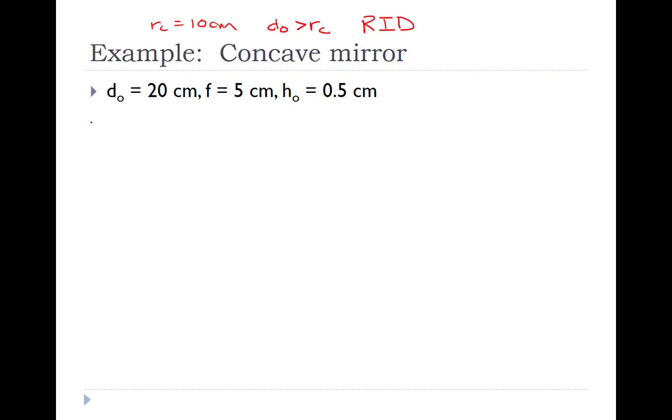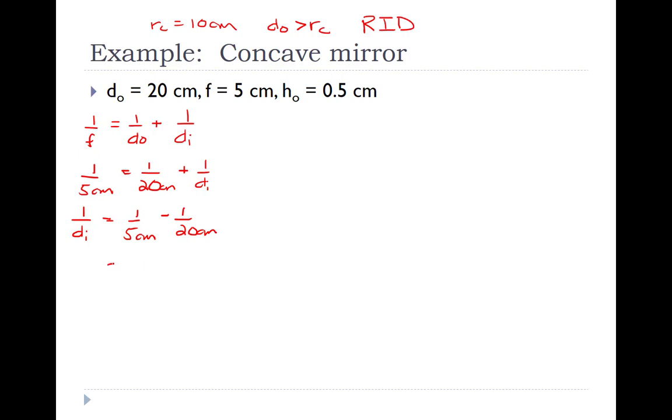We're going to proceed through the math exactly as we did on the last slide. So first we're going to find the image distance using the formula that relates the focal length, the object distance, and the image distance. So 1 over 5 centimeters equals 1 over 20 centimeters plus 1 over di, which means 1 over di equals 1 over 5 centimeters minus 1 over 20 centimeters, which is 4 over 20 centimeters minus 1 over 20 centimeters, or 3 over 20 centimeters, is 1 over the image distance.